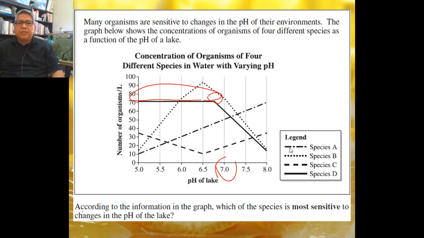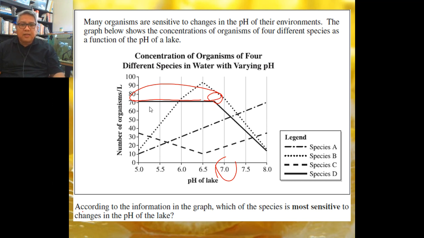So just try to take a look at this question and then analyze it. Which of the four species here, A, B, C, D, is the most sensitive?